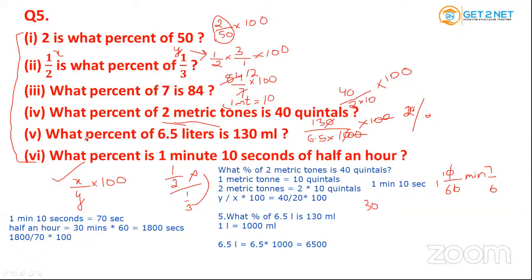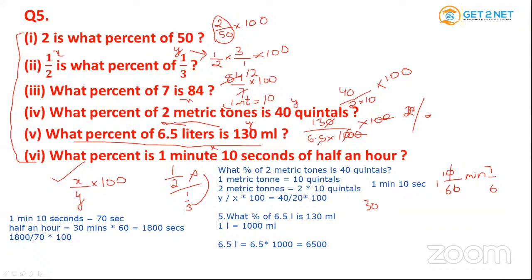See the previous question: what percent of 6.5 liters is 130 milliliters? What percent? This is X, this is Y. Simple, just take it that way. Similarly, this is X, this is Y.